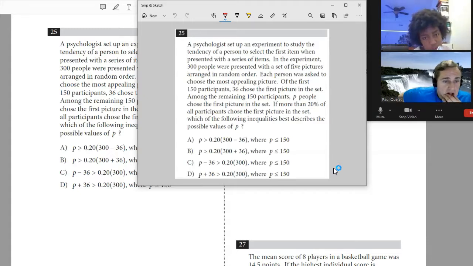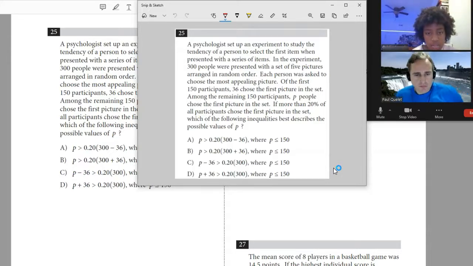If more than 20% of all participants chose the first picture in the set, I don't think you would want to add or subtract the 36 to it, because P is its own separate amount of people, right? Yes, but think about this. 20% of 300 is 0.20 times 300, right?